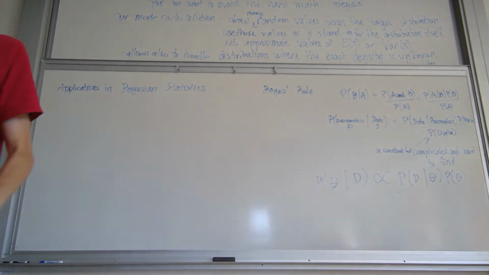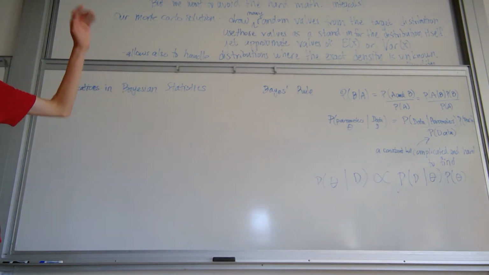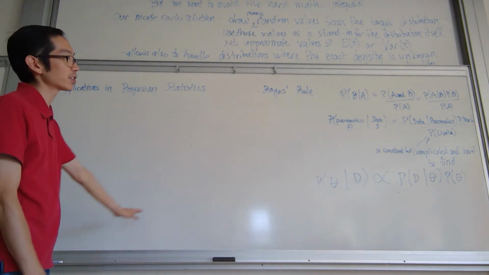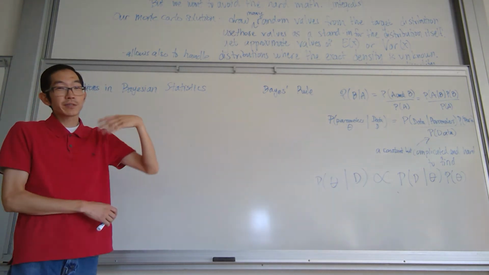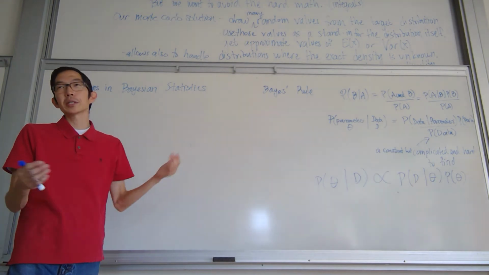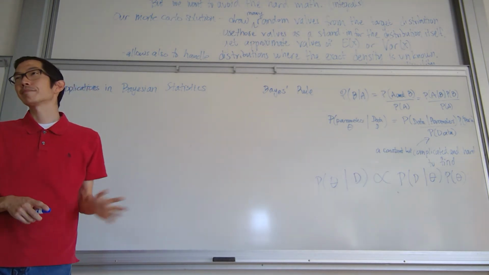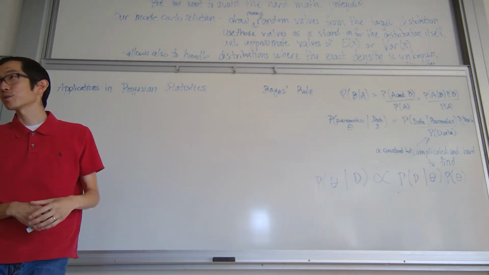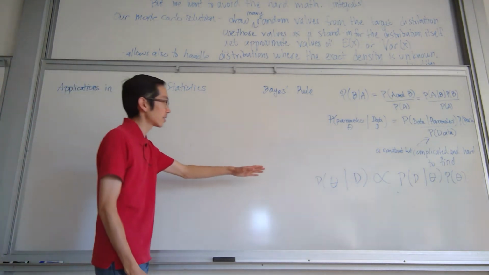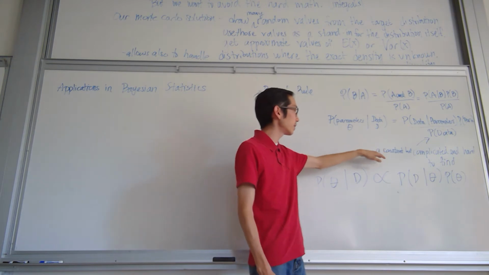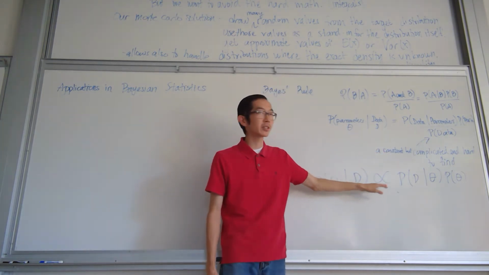If you take any function and just throw in a different constant, then the thing might not integrate to 1 anymore, and then it no longer qualifies as a probability distribution. But that constant can be complicated to find. All we do is we say we're going to deal with this.